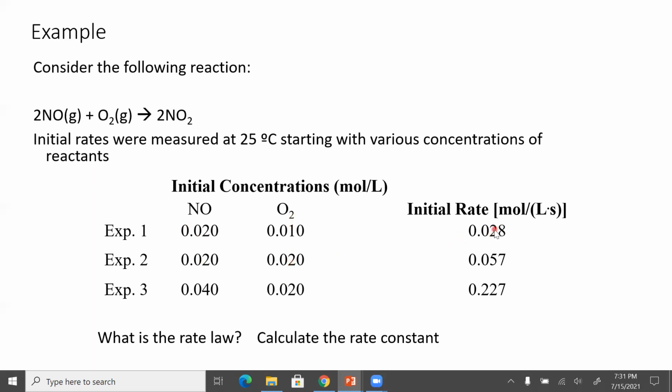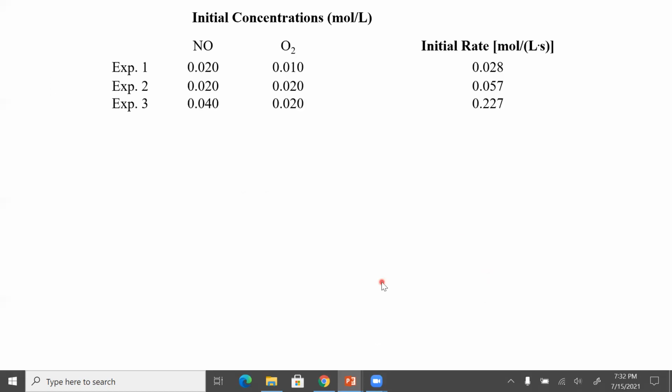And we want to see, well, how does that affect the rate? And then in our 3rd trial, we double the concentration of our nitrogen monoxide and we hold the concentration of oxygen constant. And we see how that change affects our rate. So let's look at each of these reactions.